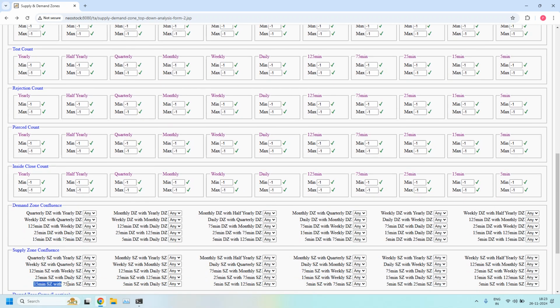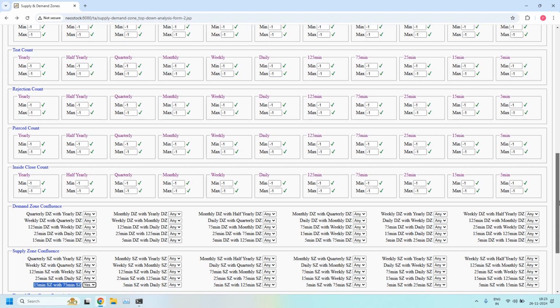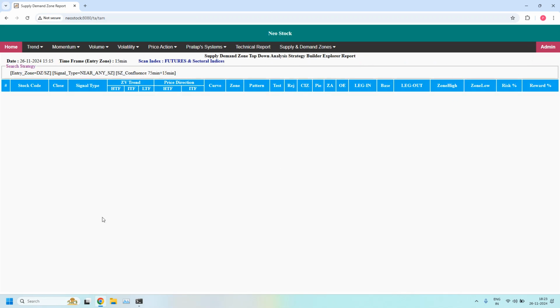I enable the filter. With this filter, we did not get any stocks. That means none of those 15 minute supply zones are having ITF confluence, that is 75 minutes supply zone confluence.